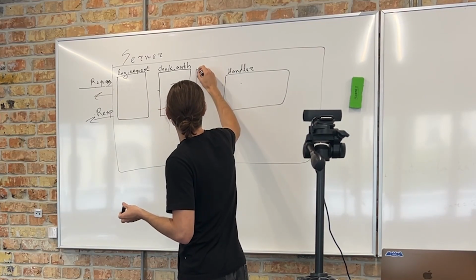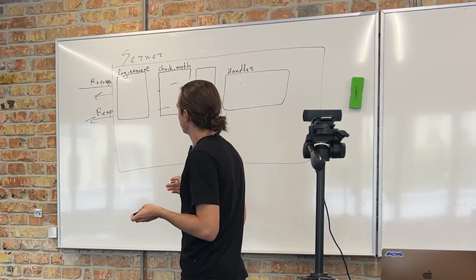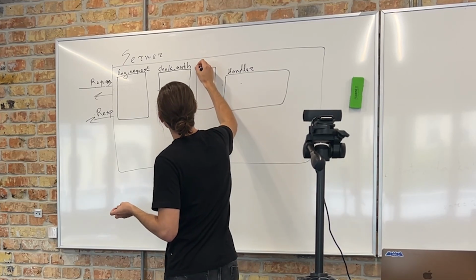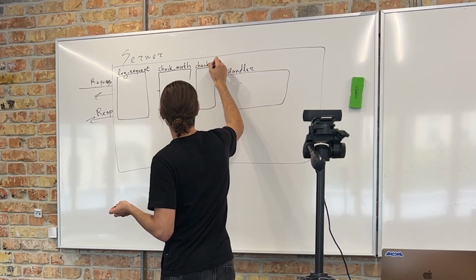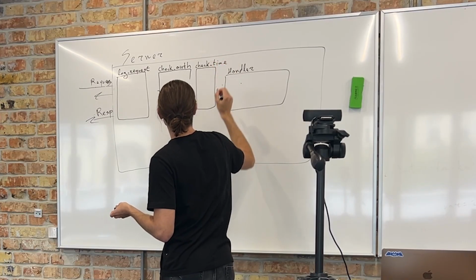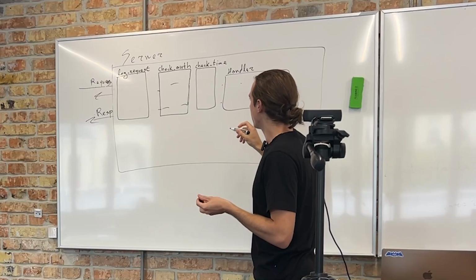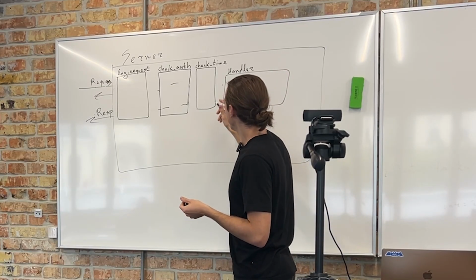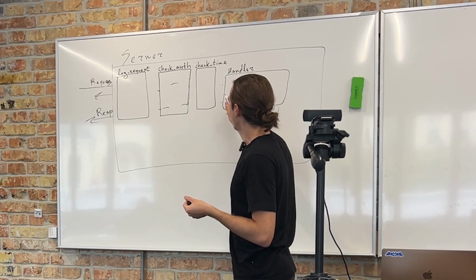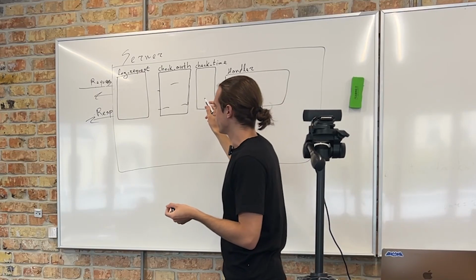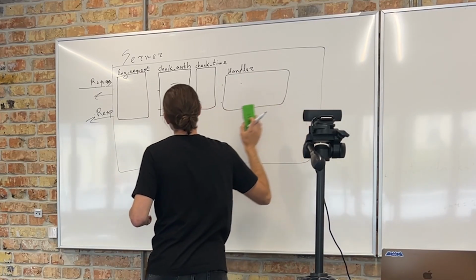Also, we can add something like a check time middleware that will log information about how much time our handler worked. And this will look like this.